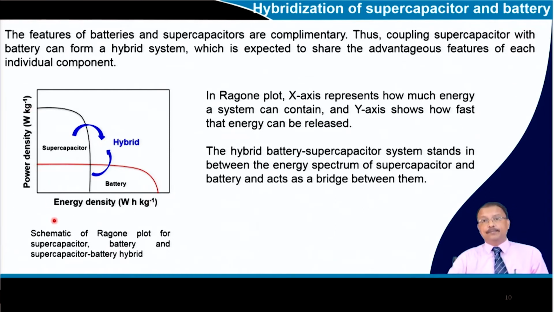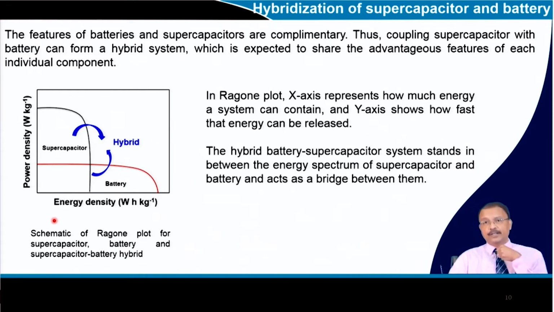So, if you make a hybrid out of these two, you will be in between, and this will sometimes be quite advantageous. If you are using a battery material, it can give you a large energy density, so you can drive your car for a longer distance, but if you accelerate more, then you need current.